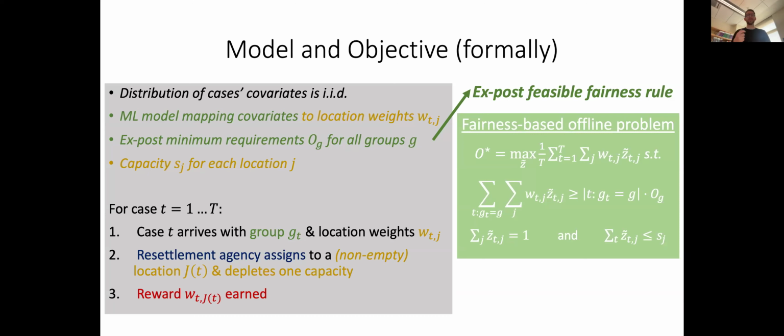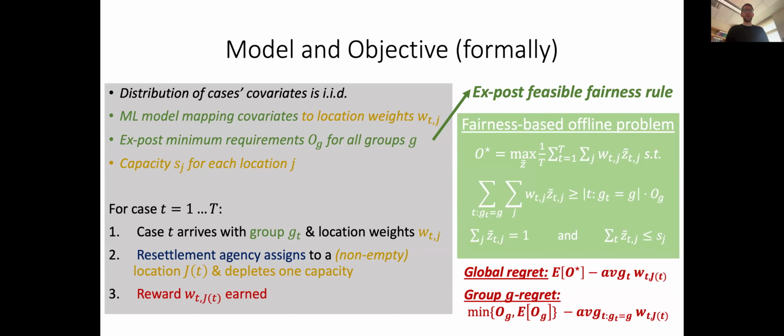And with this being defined, we can then define what we mean by regret. What we mean by regret are the following two things. On the one hand, we want to be as close as possible to this value O star. So we define our global regret as the average across all cases of employment compared to this O star value.